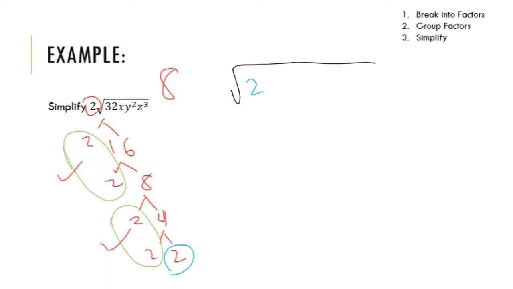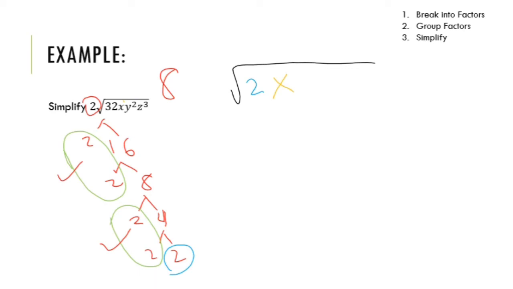So let's take a look at this. We have x to the 1 in there. 1 divided by 2 doesn't give you a whole number. The remainder is still 1. So we're going to have x to the 1 left on the inside.